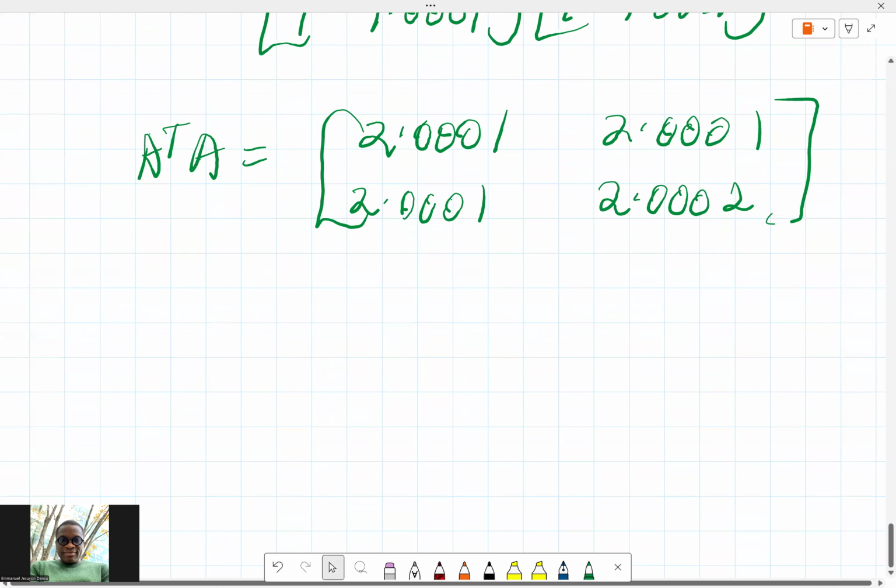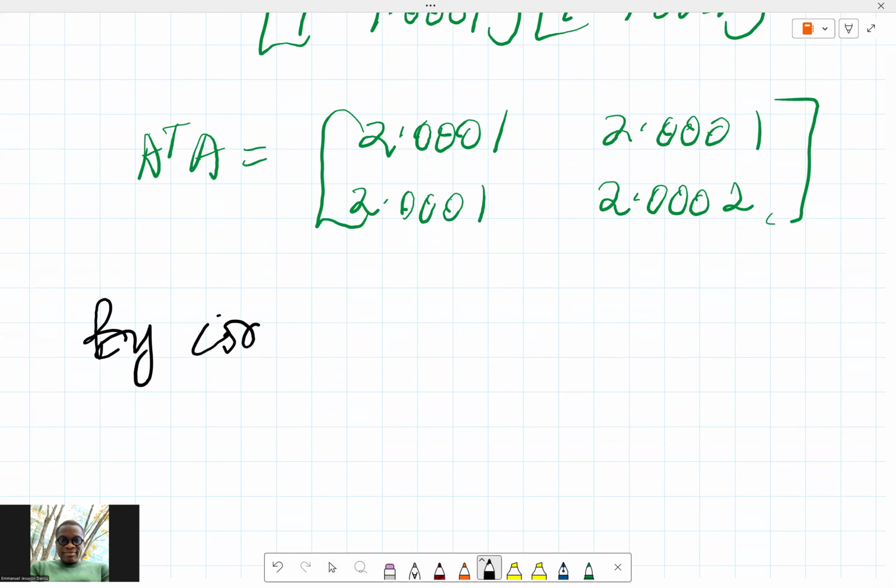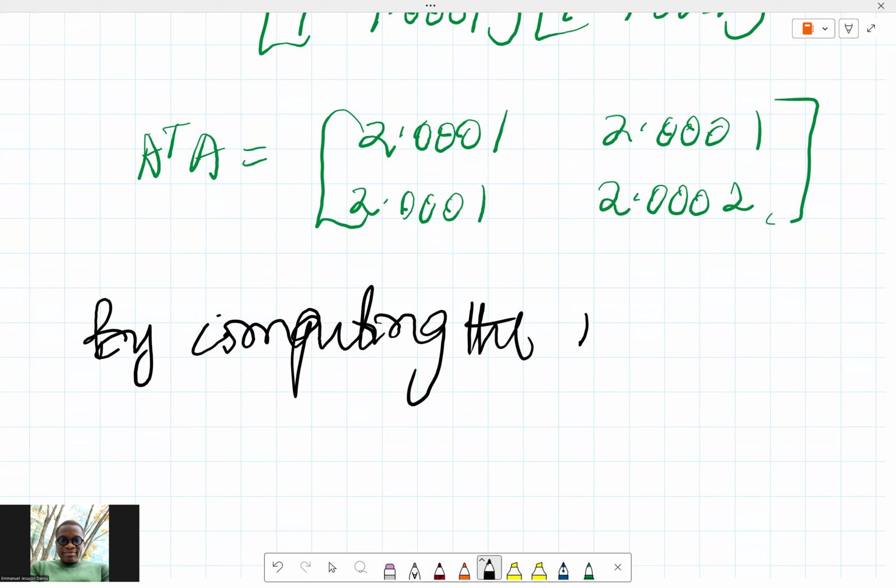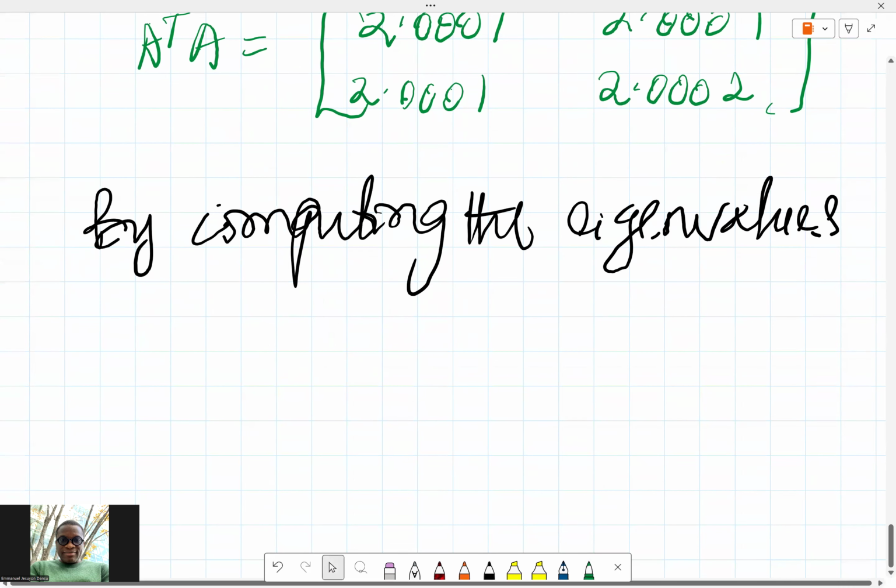By computing the eigenvalues of A transpose A, we already know how to do eigenvalues, so I'm just going to write them out.